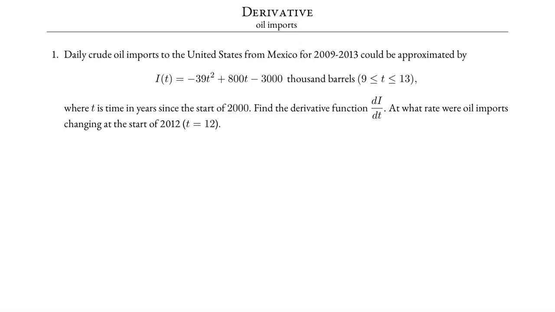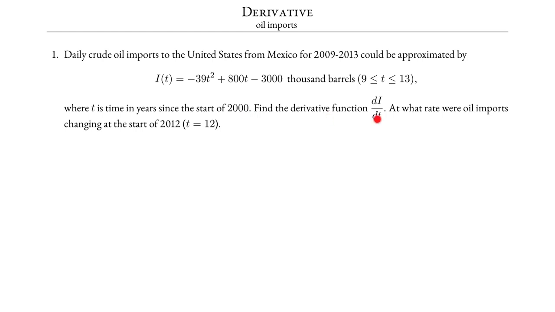Oil imports. Daily crude oil imports to the United States from Mexico for 2009 to 2013 could be approximated by the function I of t equals negative 39t squared plus 800t minus 3000 in 1,000 barrels for t between 9 and 13, where t is the time in years since the start of 2000.